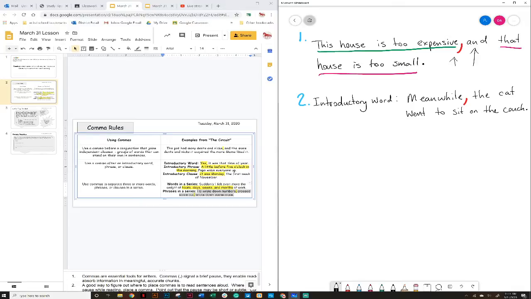All right. So meanwhile is introducing what the cat was doing while something else was happening. There is a comma to separate it.